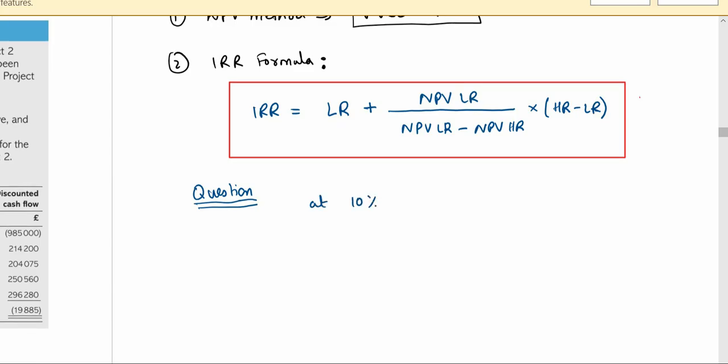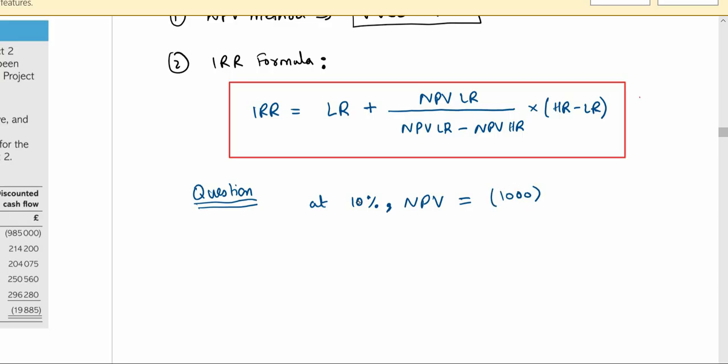At 10%, net present value is, you can say, negative 1,000.